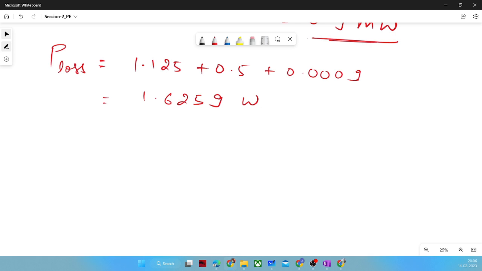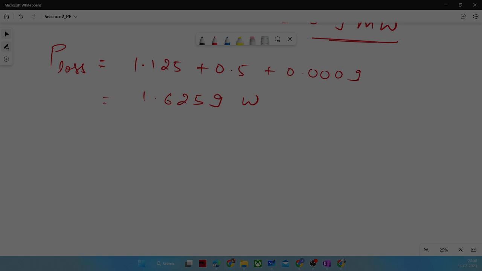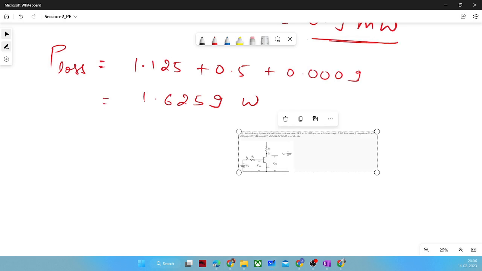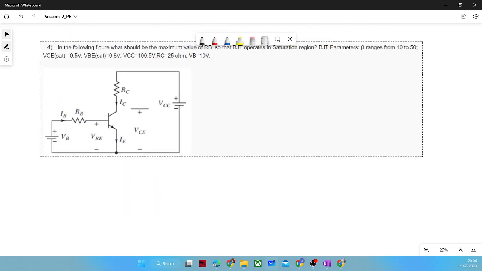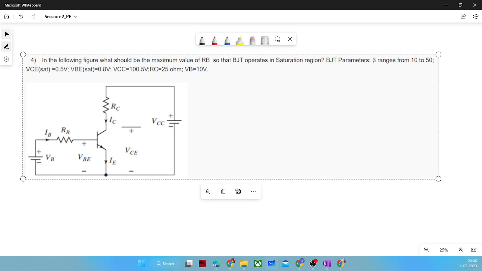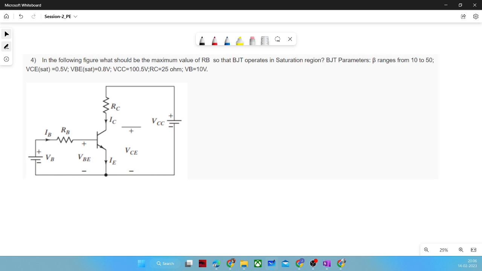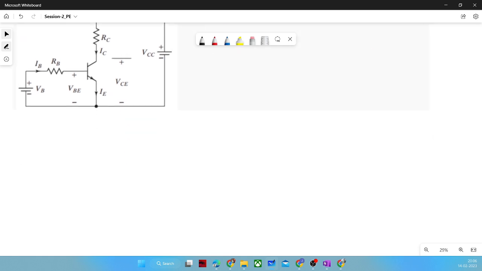Another question was question 4. In the same problem, it is said that the BJT is a unipolar voltage blocking device. What do you mean by that, sir? See, let me draw a BJT.